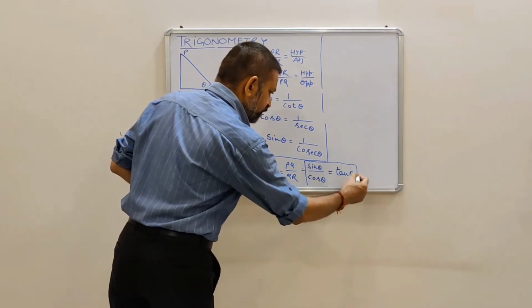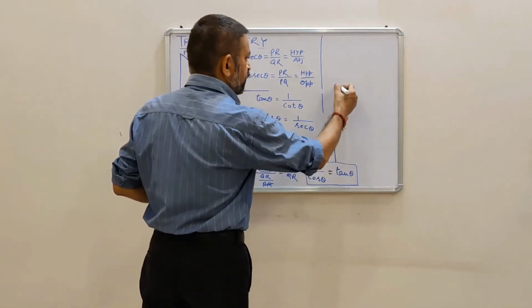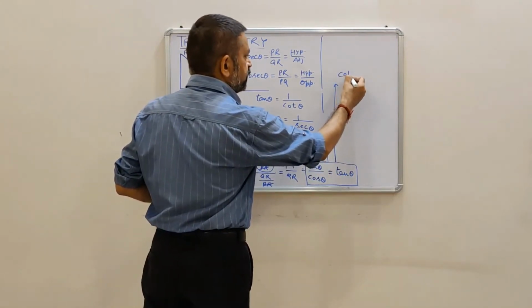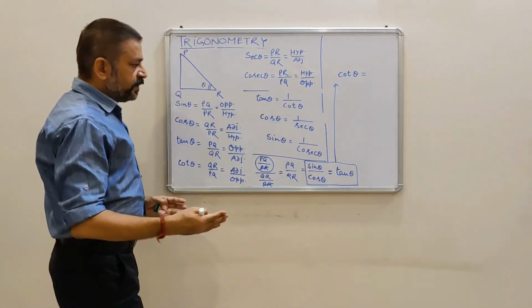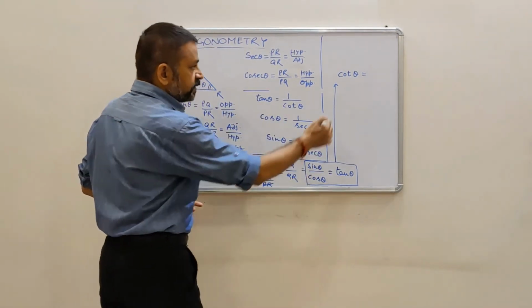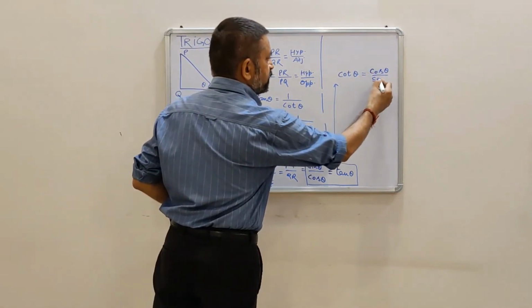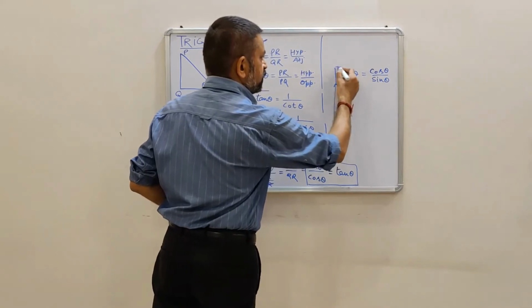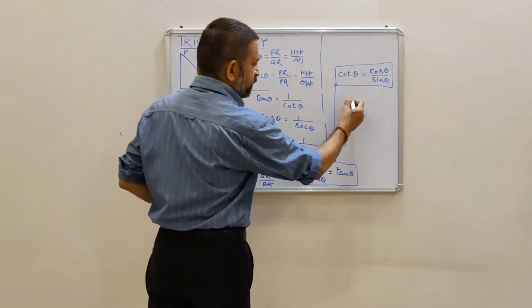Very important relation. In a similar manner, we can have one more relation: as we know, cot theta is the reciprocal of tan theta, so just reciprocate it, and it will become cos theta upon sin theta. This is cot theta.